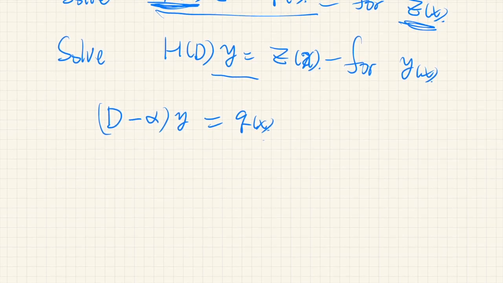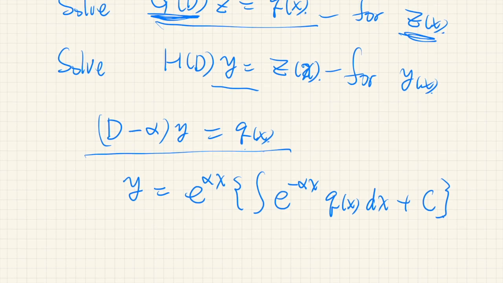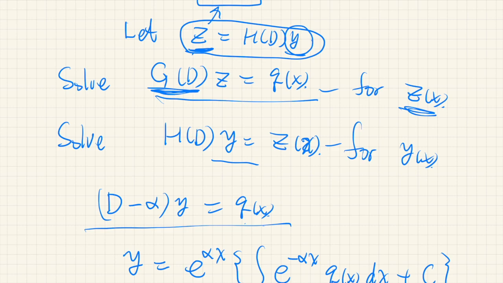The solution would be given as this: exponential of alpha x times the integral of exponential of negative alpha x times q of x dx, plus a constant. This is the general solution of this equation. Then we just keep solving this form of equation one at a time.